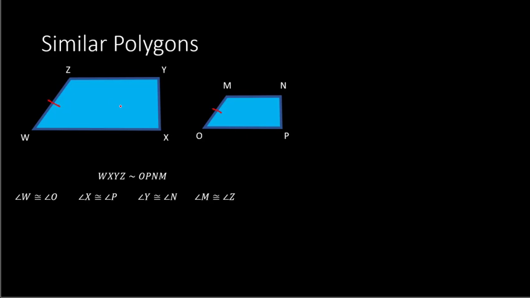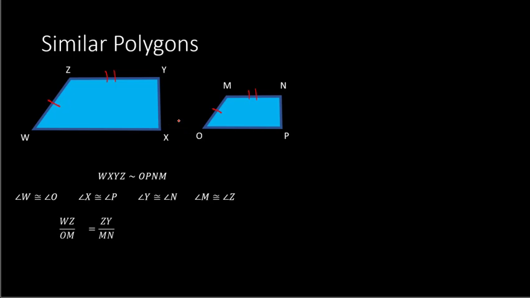If you write that as a ratio, the length of WZ divided by the length of OM, that ratio will be the same for any pair of corresponding sides. So if you look up here at ZY and divide that by MN, the other corresponding side, it's going to be equal to the same number, the same ratio.